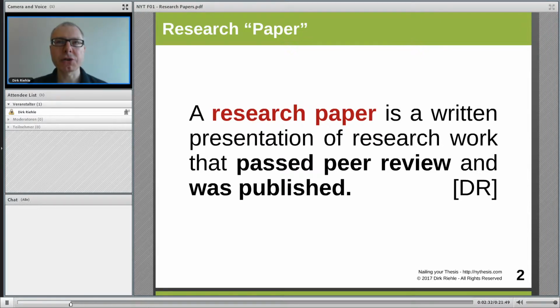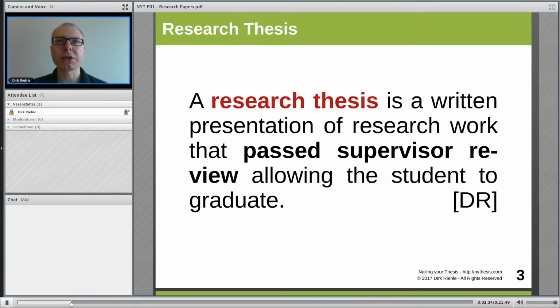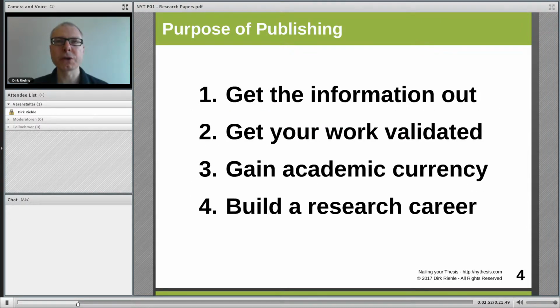So you need to earn your stripes by getting it published in a reputable publication outlet. Similar to a research paper, a research thesis is a written presentation of that research work that you performed. In this case, the quality assurance and the review is done usually by your supervisor, a professor who will give you a grade for it. And it's usually a precondition for graduating.